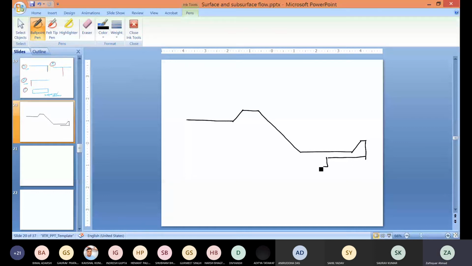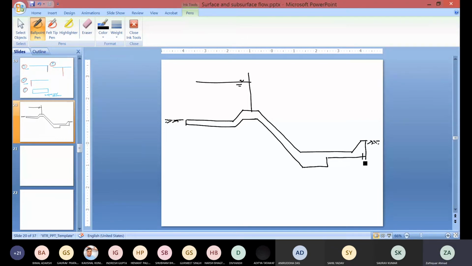This may go like this also. So this is the upstream. This is the upstream surface. There is the pond level, water level here. And we have the sheet pile in the downstream and in the upstream, maybe the intermediate sheet pile also.